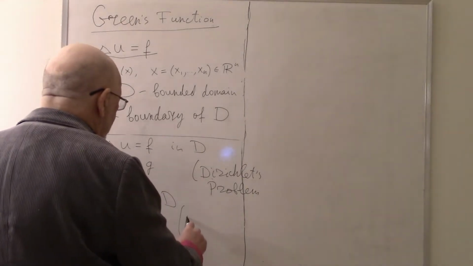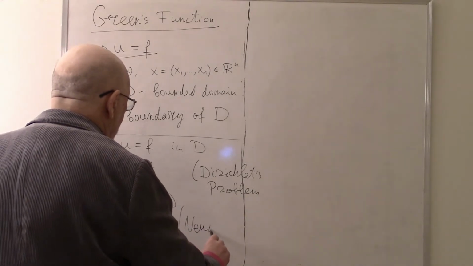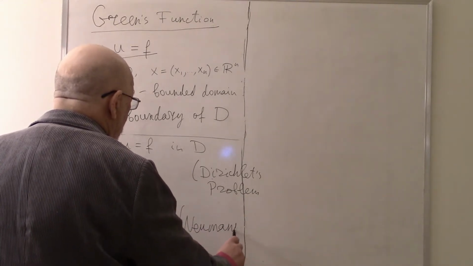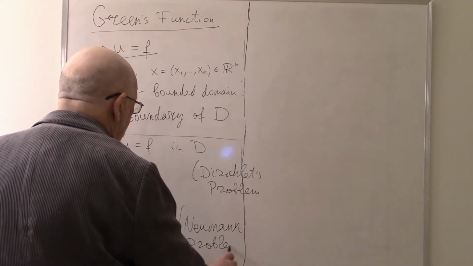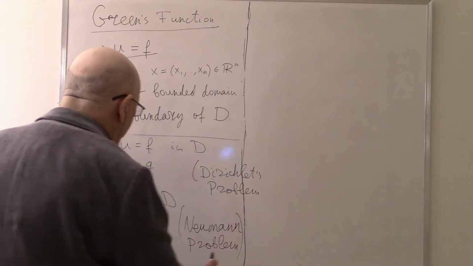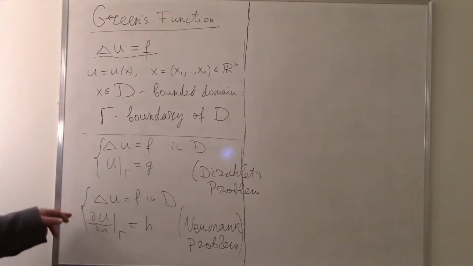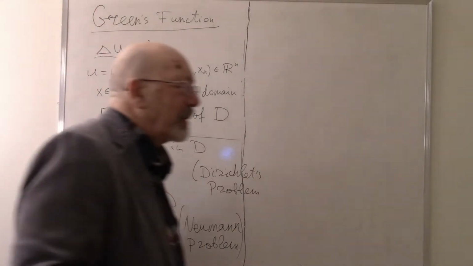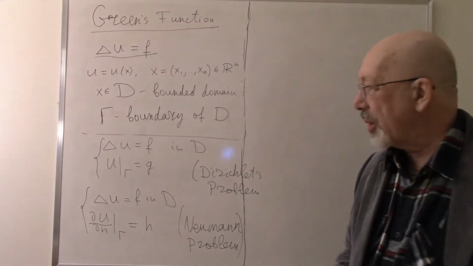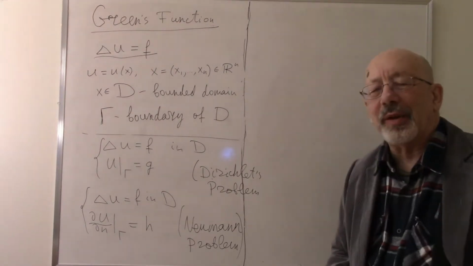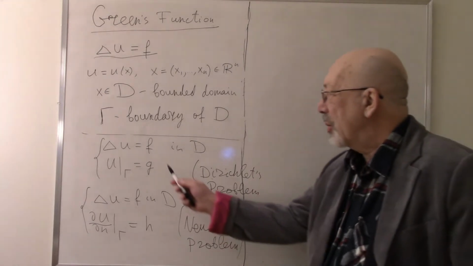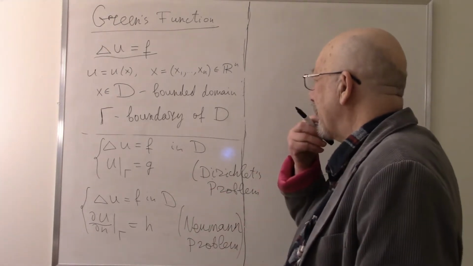This is called the Neumann problem. So we solve either this or this. In fact, there exist a lot more problems, but we have to start from something. So let's begin with these problems.